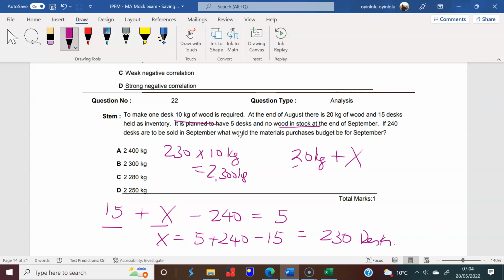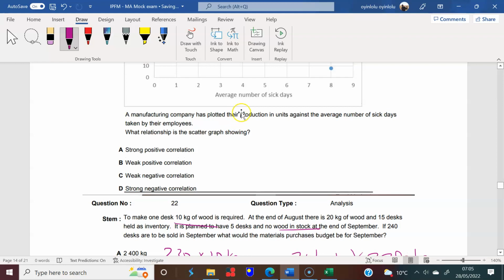So if I have 20, I buy a certain amount so that I can have 2,300. I only need to buy 2,280, because I'm not intending on having any wood left over. So my purchase budget is 2,280, and your answer there is C.